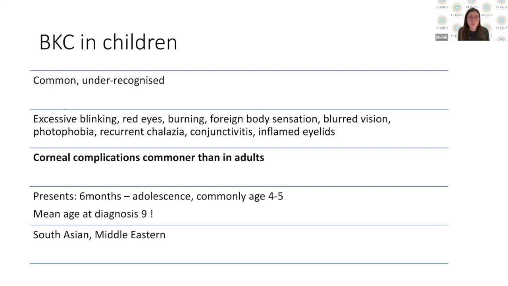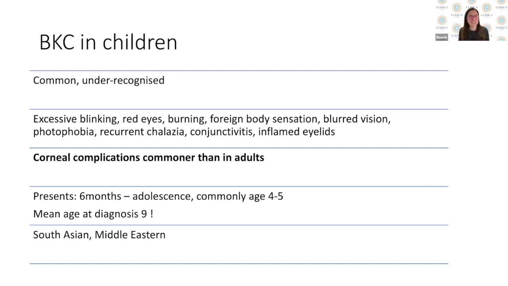Excessive blinking, red eyes, burning, foreign body sensation, photophobia, recurrent chalazia, conjunctivitis, inflamed eyelids. So again, that kind of chronic red eye that's not quite comfortable. Looking at the ages, from 6 months onwards we can see children with this, up into adolescence, commonly age 4 to 5, with a mean age of diagnosis of 9.